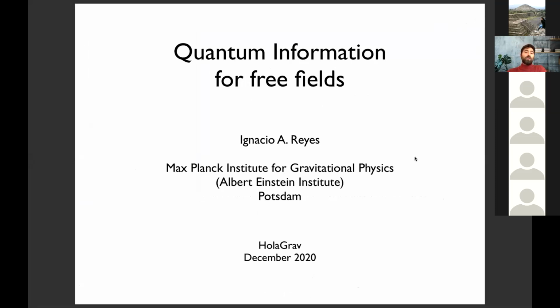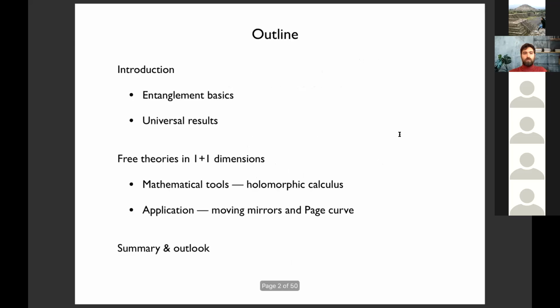So indeed, today I'm going to talk about something very simple. We're going to look at some aspects of quantum information for free field theories in 2 dimensions. So here's the outline.